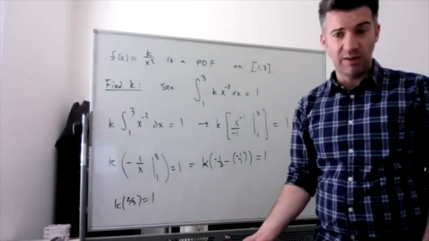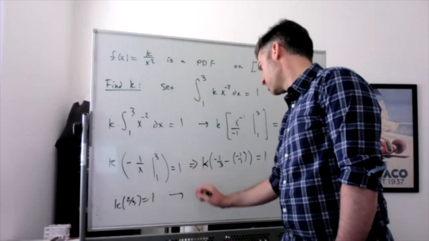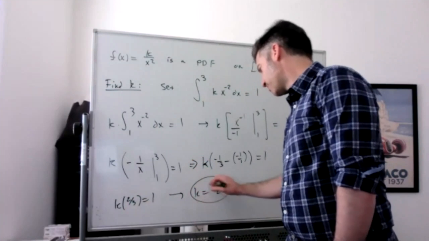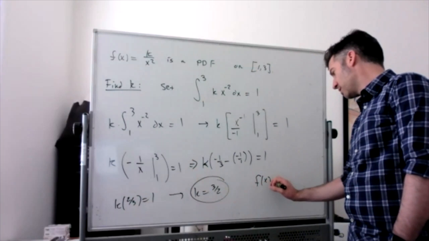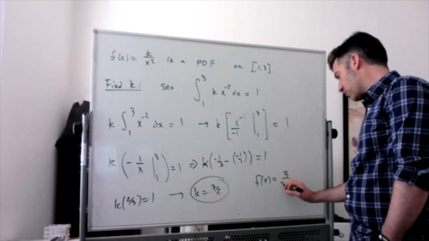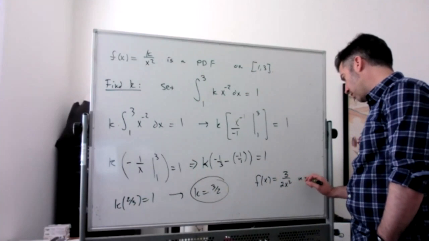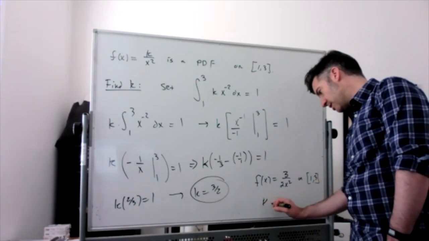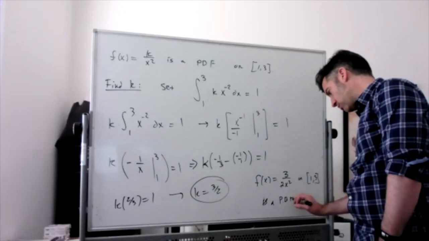Multiplying both sides by 3/2, we get k equal to 3/2. So f of x equal to 3 over 2x squared on the interval from 1 to 3 is a probability density function.